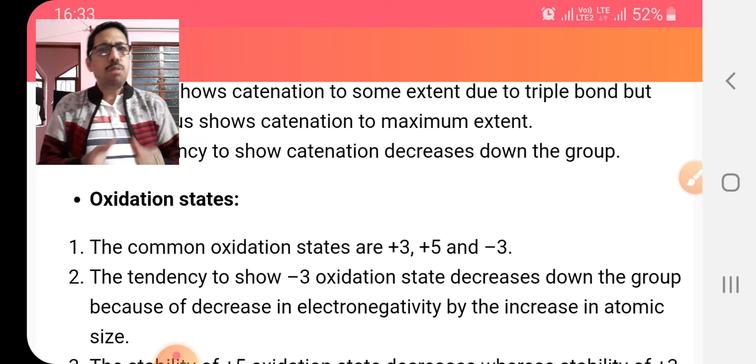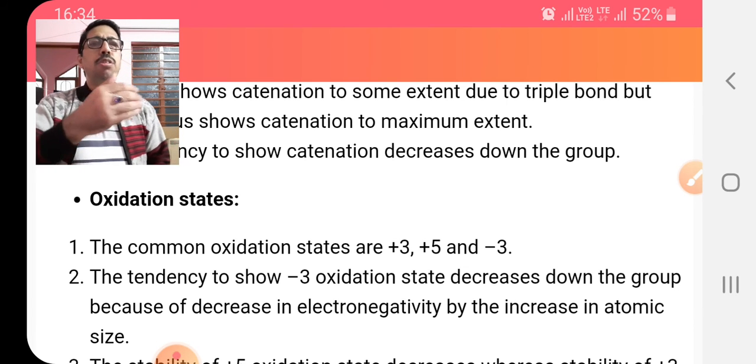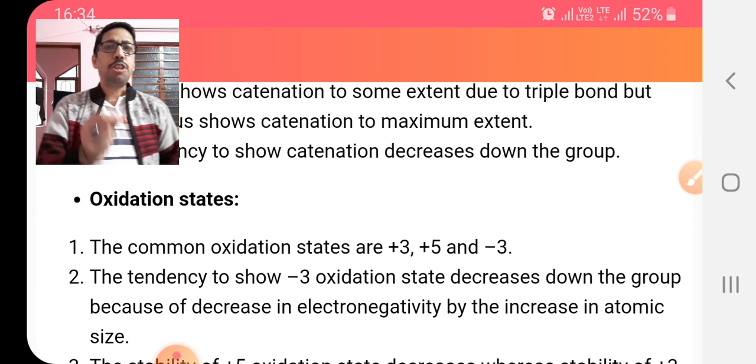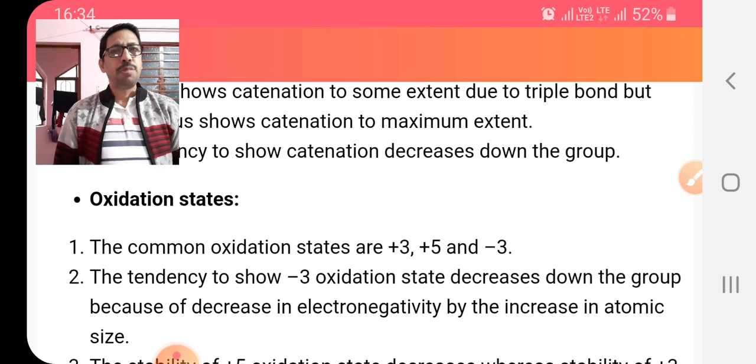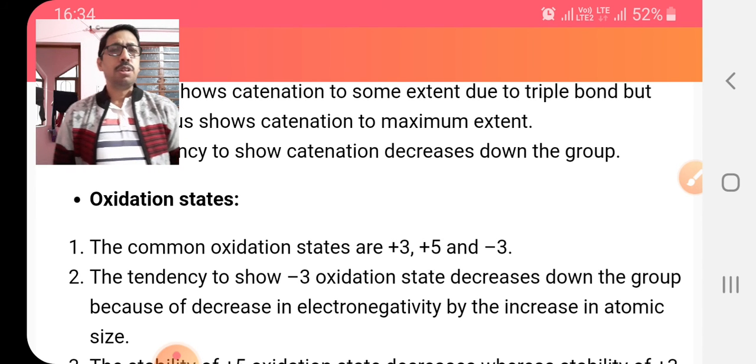On moving down the group, the stability of the +5 oxidation state gets minimized, whereas the +3 oxidation state gets maximized. We have gone through this topic. This is only because of the inert pair effect.